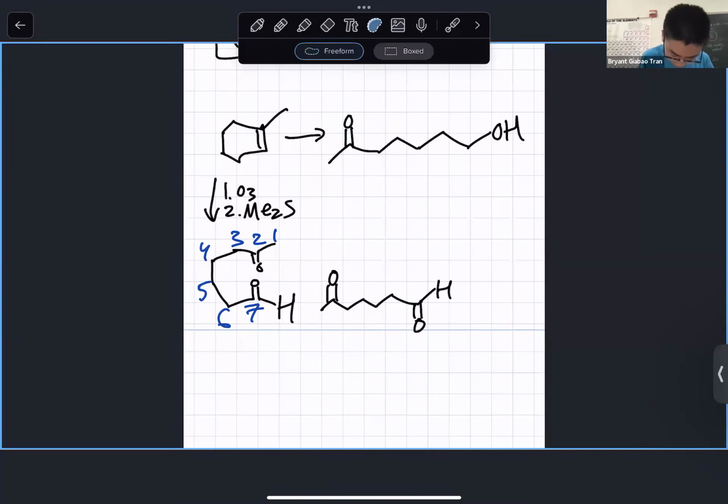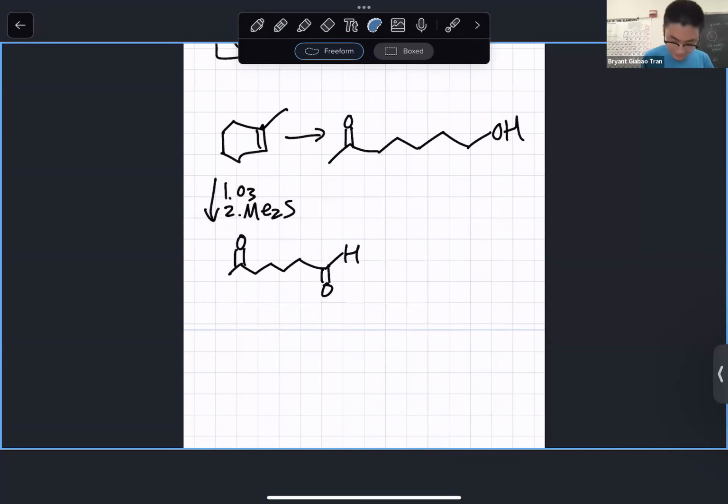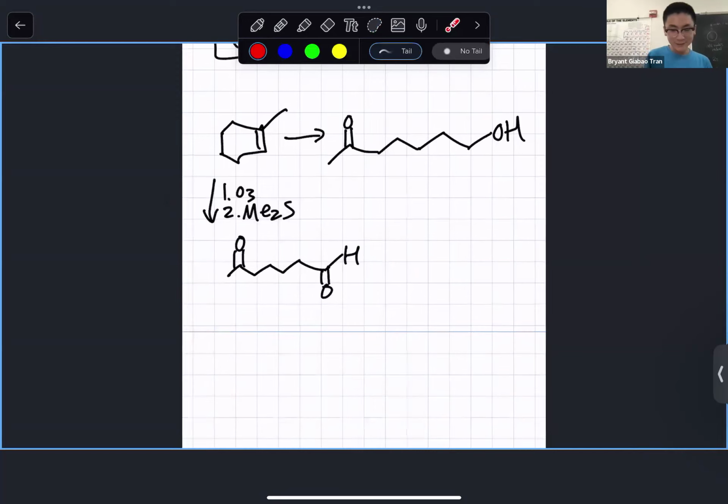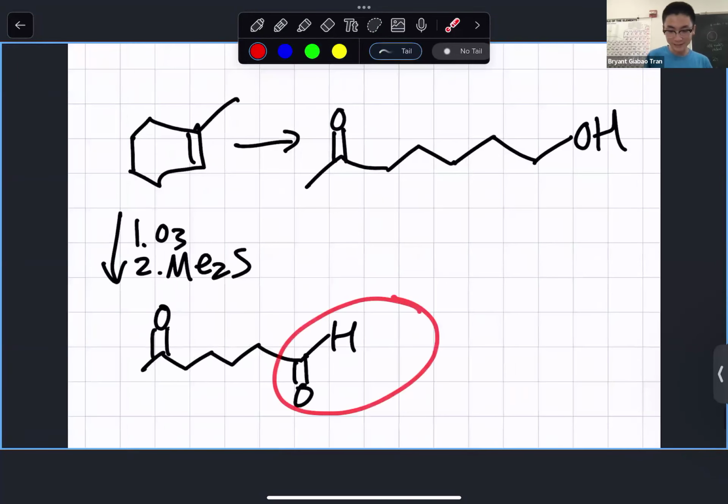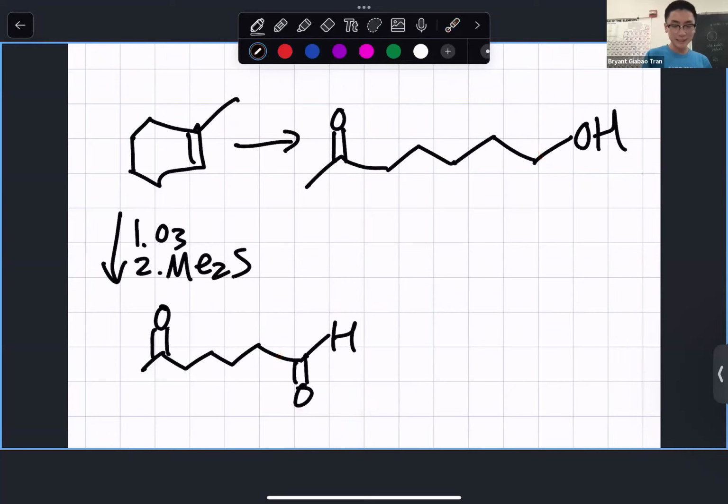Okay, let me get rid of this. What reaction do you guys know that will convert an aldehyde to an alcohol? Are we oxidizing or reducing? Reducing, right? And what reducing agent do you know?